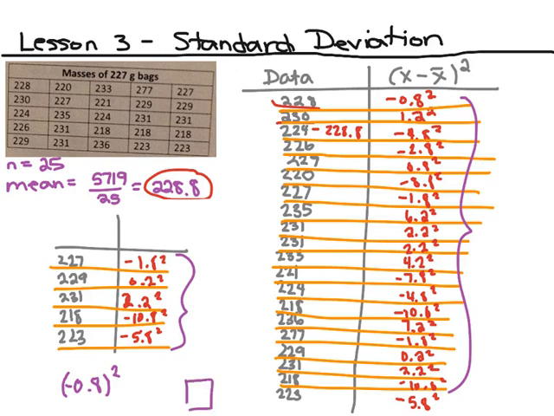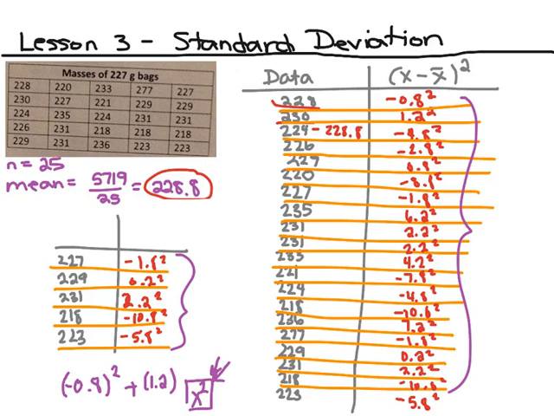On your calculator you have a button that looks like this. You're just going to push that after each piece of data. So negative 0.8, this button, plus 1.2, this button, and keep going and going, and add together all of your data.